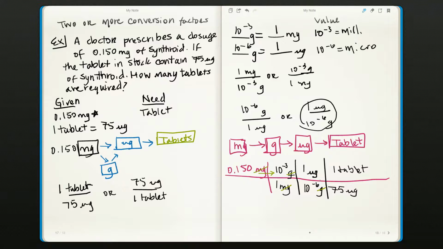Lastly, multiply by 1 and then divide by 75 micrograms. Now we have micrograms on top and bottom. Those cancel. The unit that we're left with is tablets. If you do this math on your calculator, you get an answer of 2 tablets.